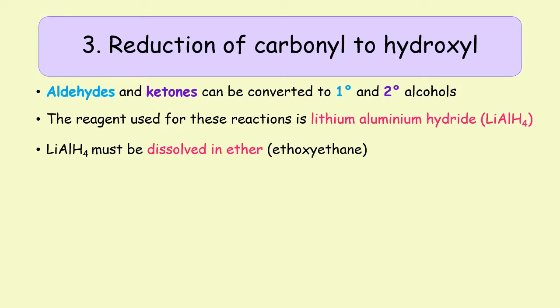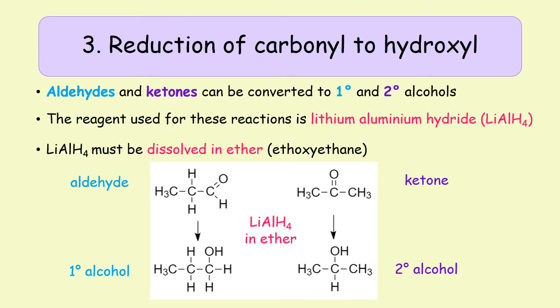The lithium aluminium hydride must be dissolved in ether because the lithium aluminium hydride can react with water and any other solvent that's capable of forming hydrogen bonding. You do not need to know the mechanisms, you just need to know that what the LiAlH4 is doing is giving hydrogen ions or giving hydrogen atoms to the molecules.